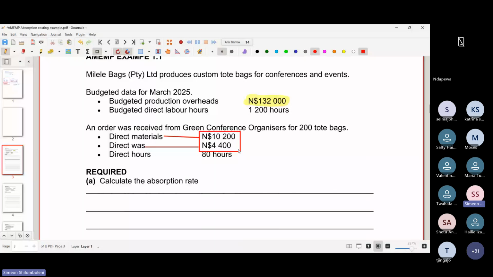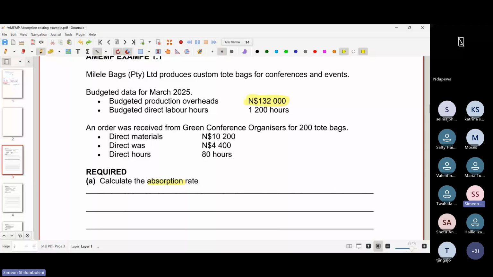These bags must also include the overhead so that we'll be able to pay the rent, the salaries, the electricity, and so on. First thing we are going to do is to calculate the absorption rate.